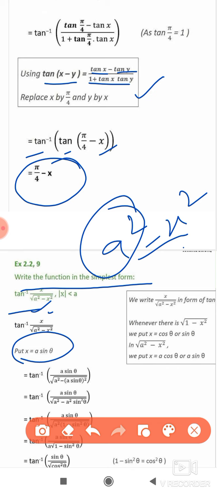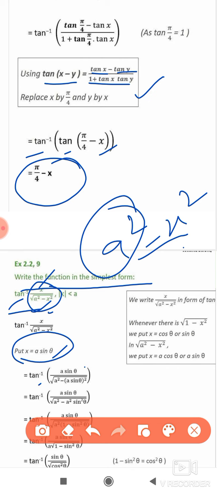Then how will you get to know what trigonometric function you will put over here? See here we are having x, we are having tan inverse outside. If we have sin over cos in this angle term, then we will get tan theta, and then we will get the required answer. So we will put x is equal to a sin theta.